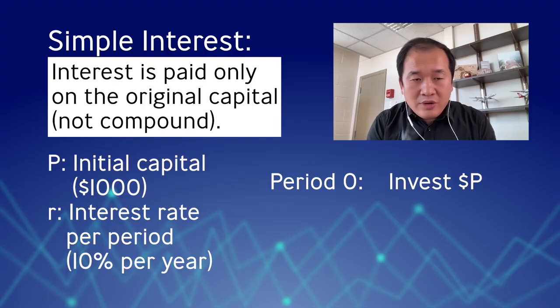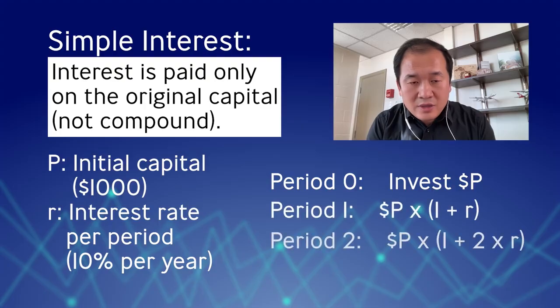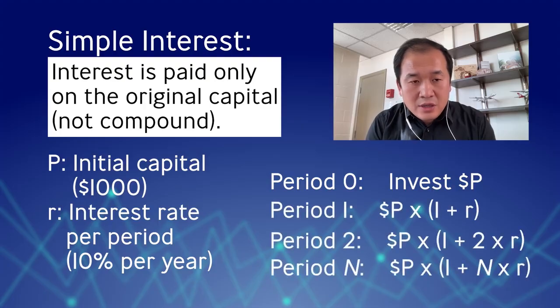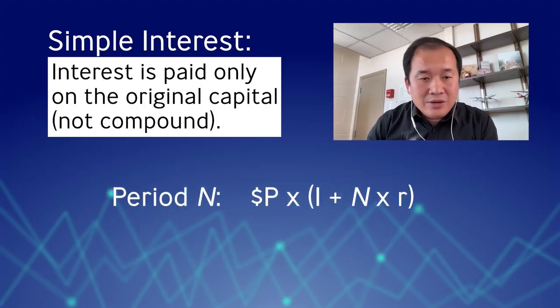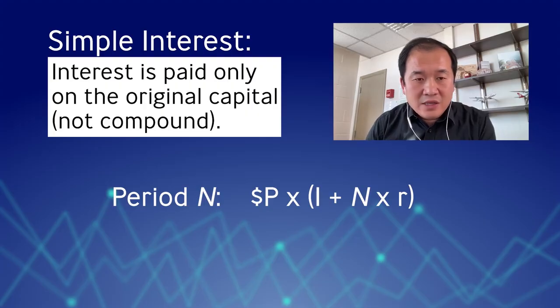What happens in the second, third, and to the last period is that every year the interest is only calculated on the initial capital, right? Not on the accumulated amount of capital you made over the years. So if you invest for n years, by the end of year n, the total amount of capital you will have is simply P times (1 plus N times r).